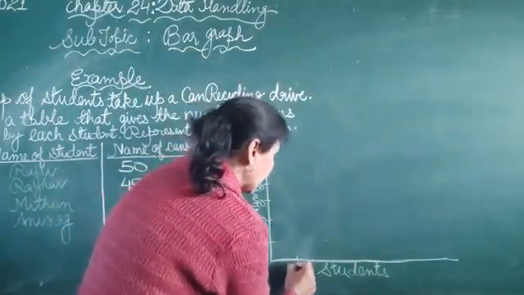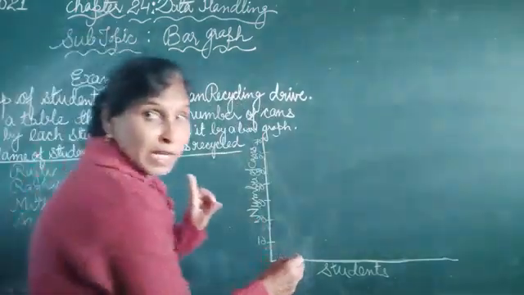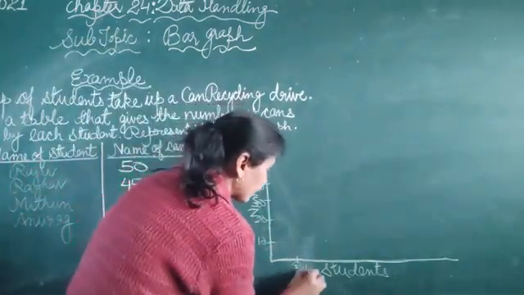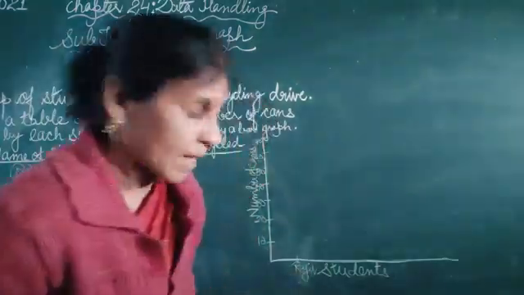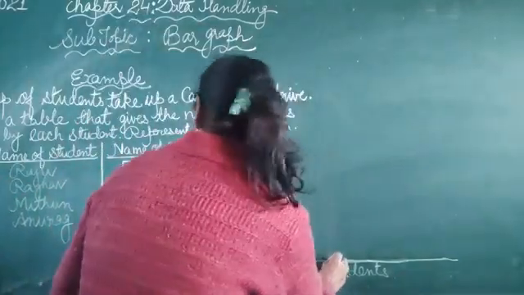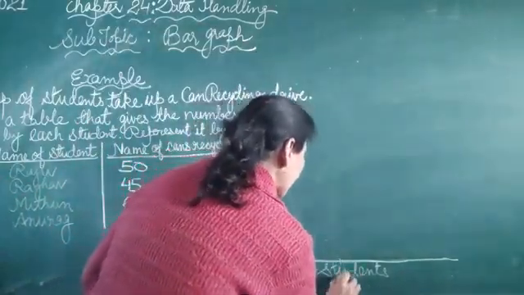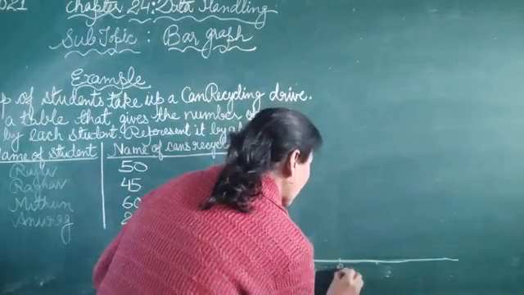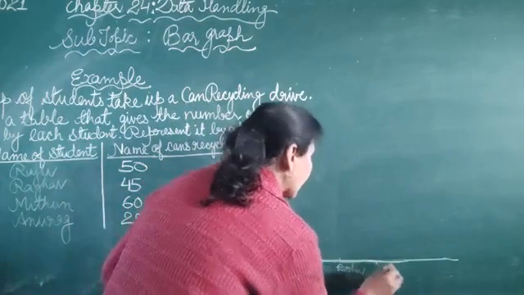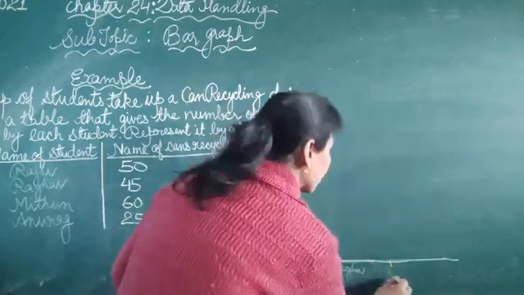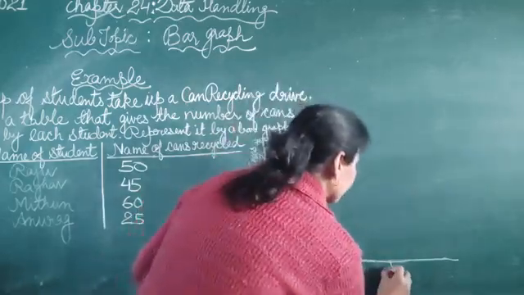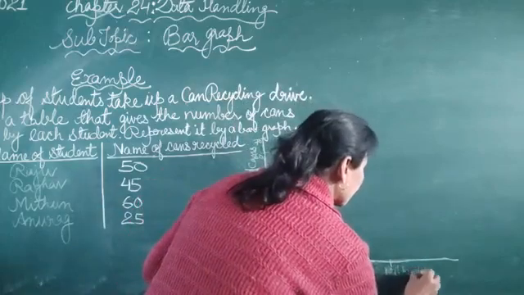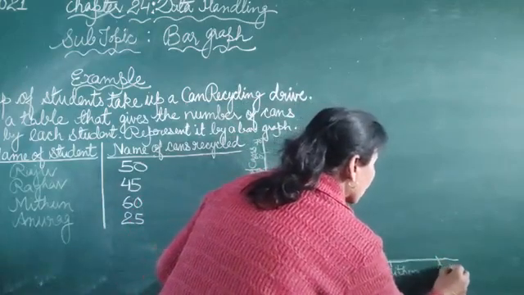Here we take the first name, Rajiv. Then here we take Raghav. Then we take Mithun, and then Anurag.